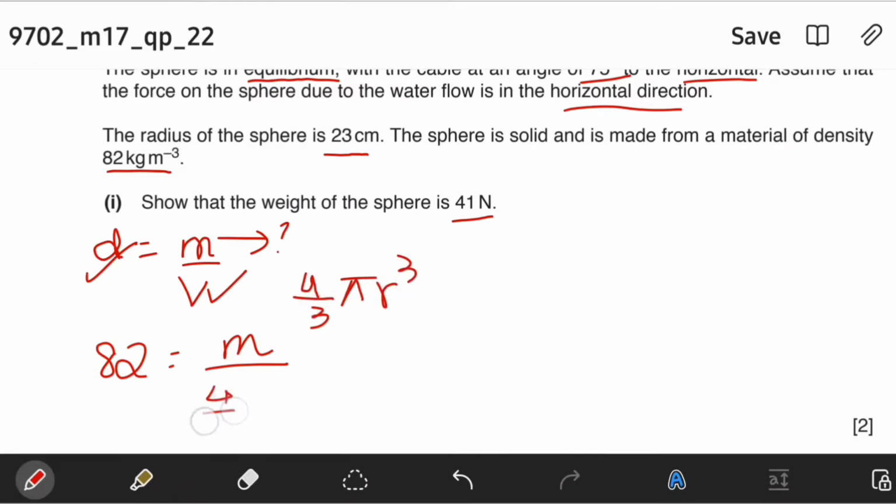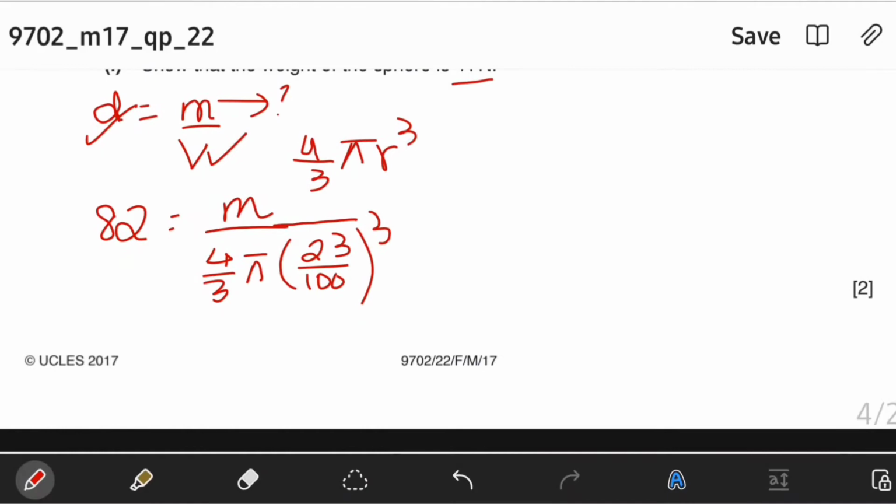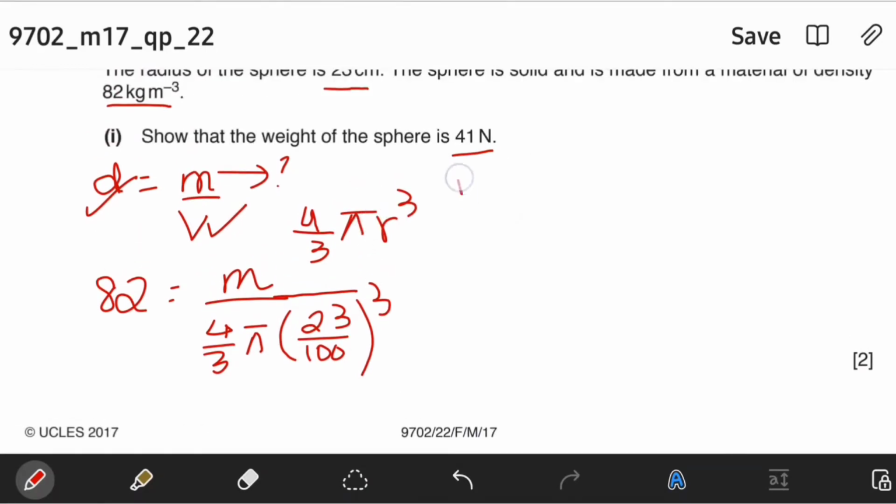So 4 over 3 pi, make sure to convert 23 centimeter into meters, and that will become 23 divided by 100 to the power of 3. Calculating this would give you an answer of mass being 4.18 kilogram.